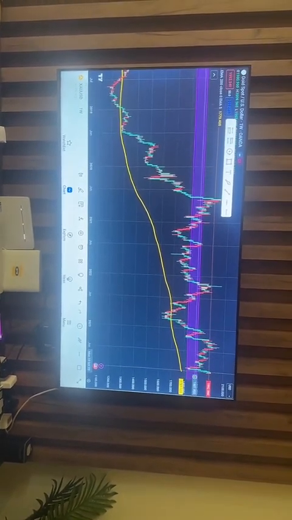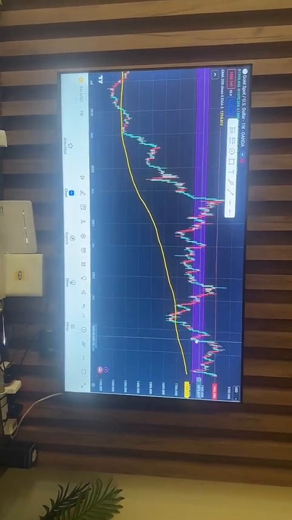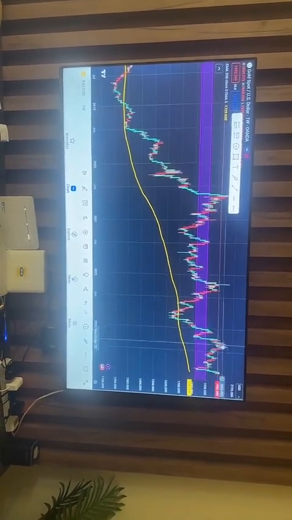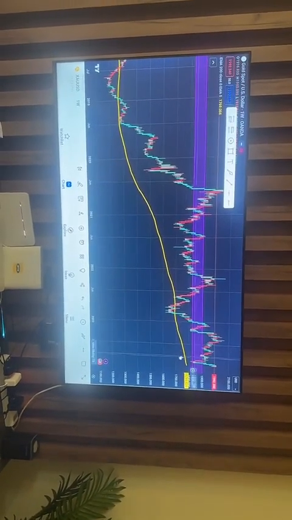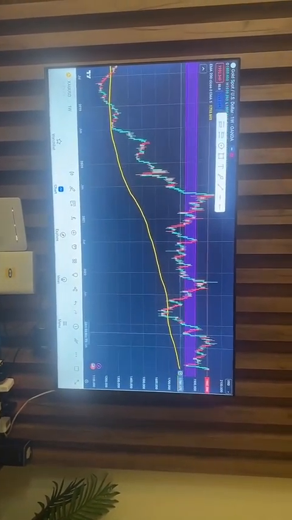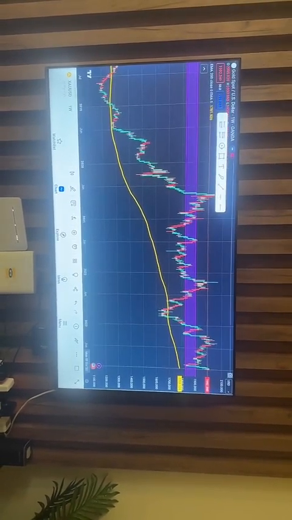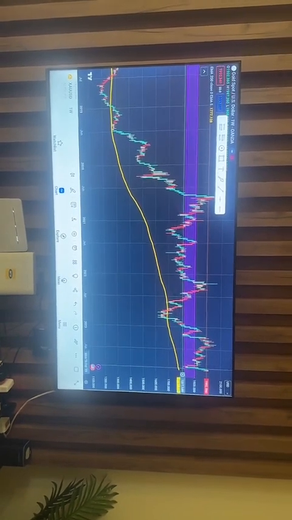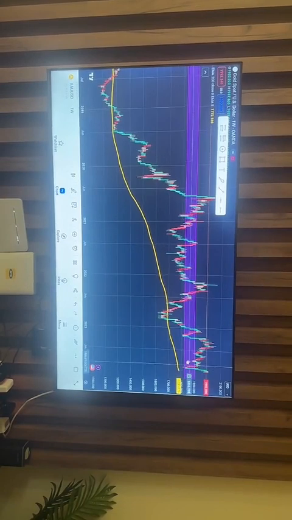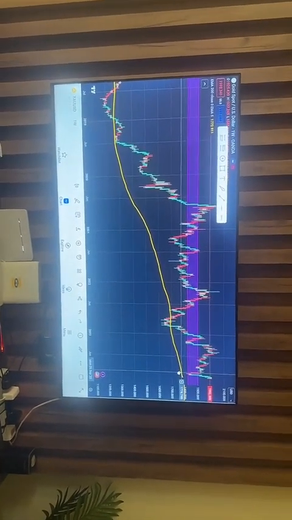You could see that the behavior of the market is that that line was broken here. It went up, it came down again, it retested it. If you observe, there is no candle forming below this now. This is the weekly time frame. The other interesting thing to look at here is that the 200 exponential moving average also comes into play here. You could see that it is a retest of the exponential moving average.